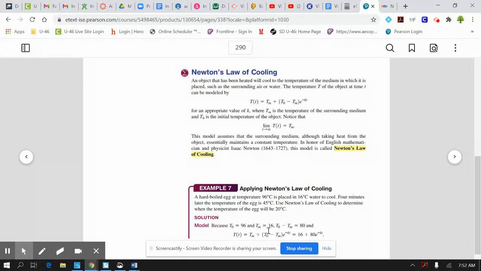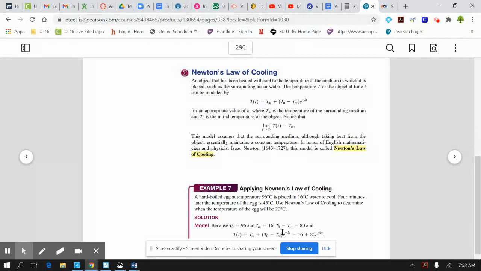That is T sub m, the temperature of the surrounding medium. Then 4 minutes later, the egg is 45 degrees. That's the temperature of the egg, T of t, based on time. Big T is the temperature, little t is the time in minutes.